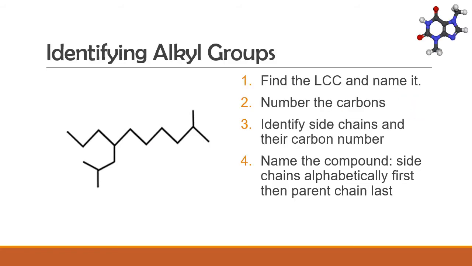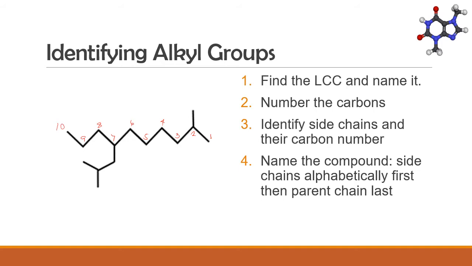Okay, let's try naming this alkane with two alkyl groups attached. First, we need to find the longest continuous chain of carbon and name it. We can number the carbons from right to left as 1, 2, 3, 4, 5, 6, 7, 8, 9, 10.